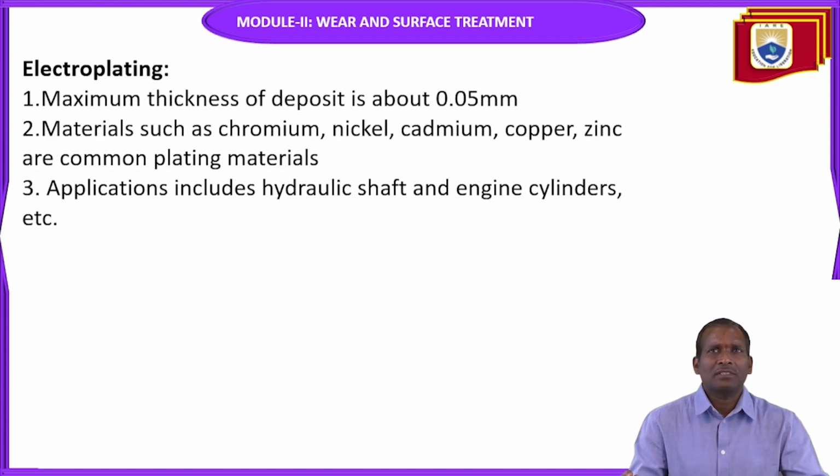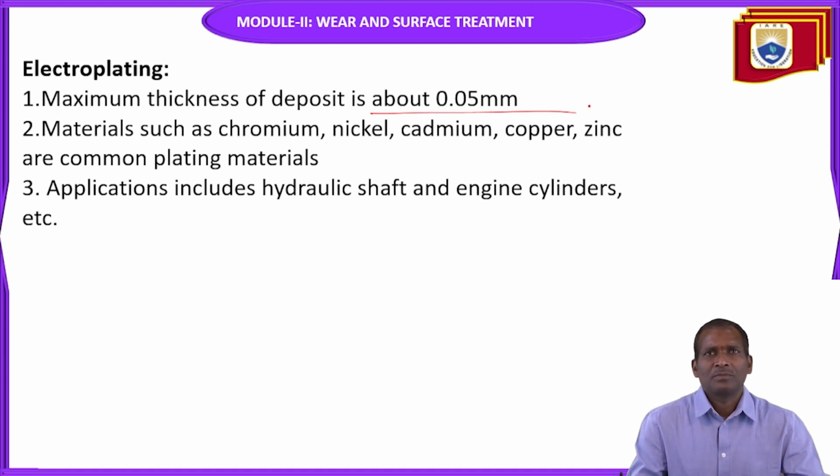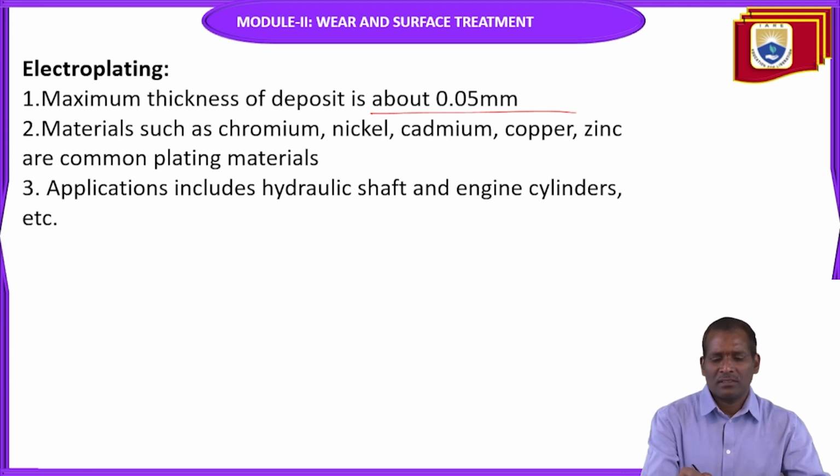The maximum thickness of deposit is about 0.05 mm. Materials such as chromium, nickel, cadmium, copper, and zinc are common plating materials. The applications include hydraulic shafts and engine cylinders.